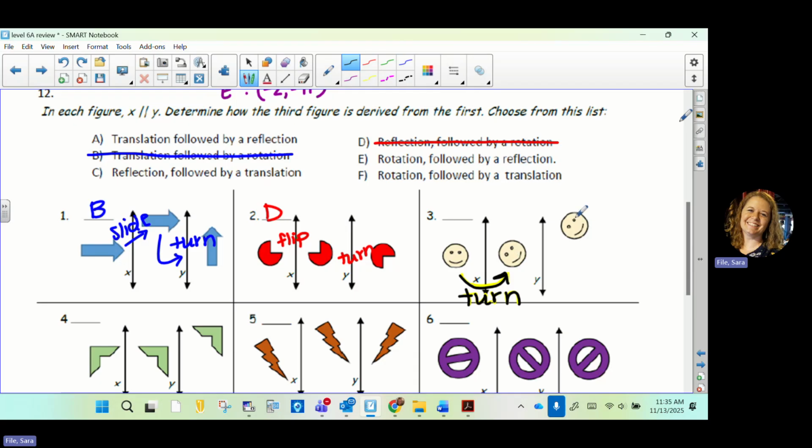We just slid it up. So it's a rotate and then a slide, a turn and then a slide. Another word for slide is translate. So this is a rotation followed by a translation. So that's F.